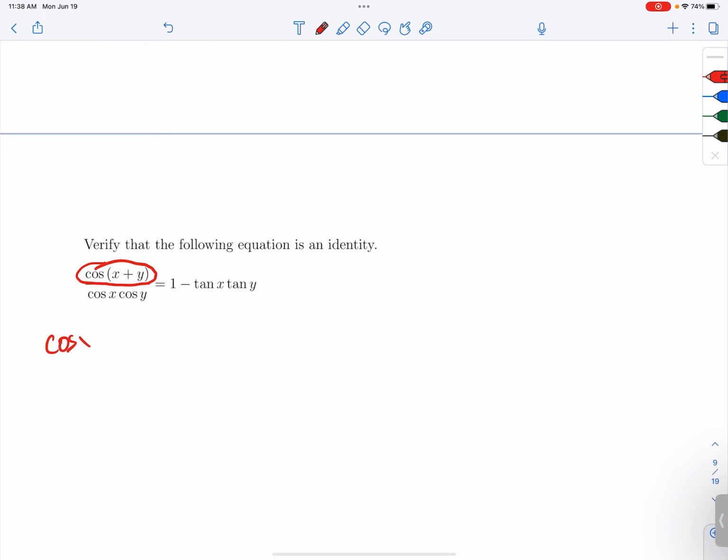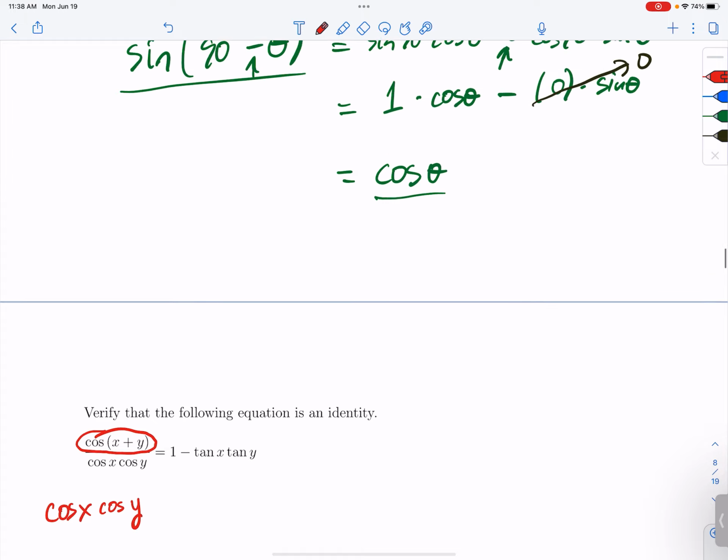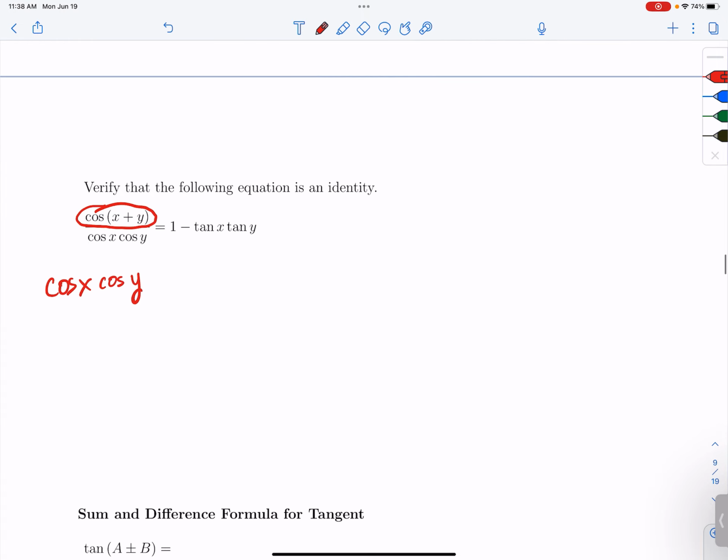That'll be cosine of x, cosine of y, minus sine of x, sine of y, divided by, in the denominator, I'm going to just keep that the same, cosine x, cosine y. And I'm not going to do anything on the right-hand side just yet. Let's see where this left side leads me.